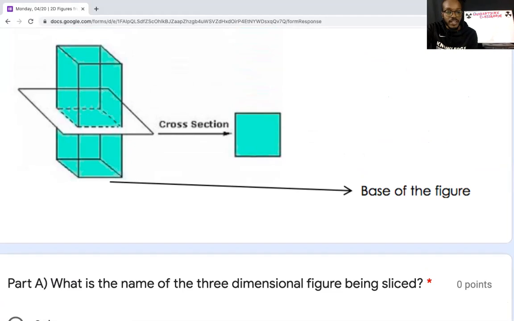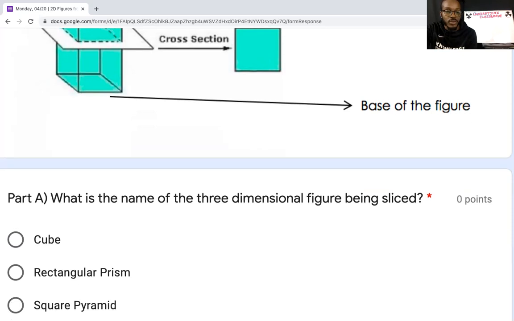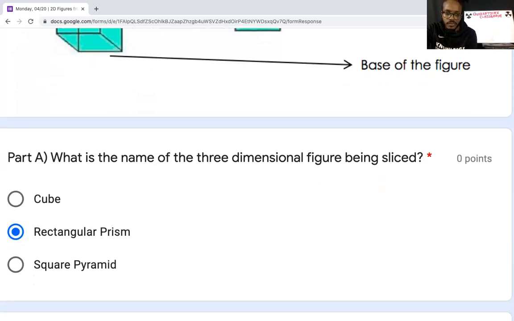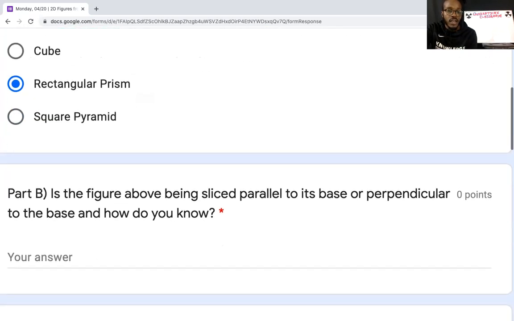I see that the base is a square on the top and on the bottom, and I know that a square is a special type of rectangle. So I'm going to start off and say that the first name is rectangular. And then the faces are rectangles. And I know that when a face is a rectangle on a prism, that's a prism and not a pyramid. So this is a rectangular prism. Rectangular for the bases, prism for the rectangular faces.